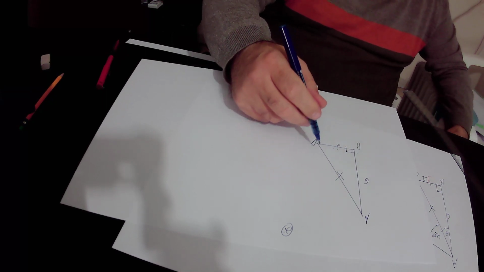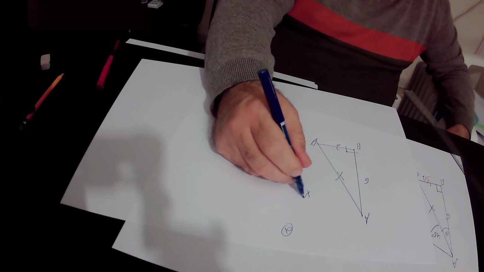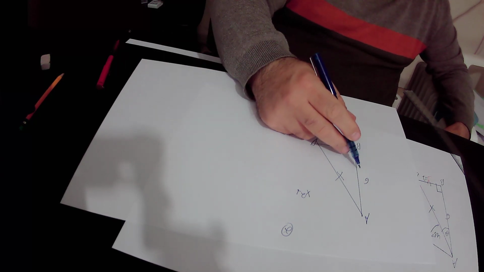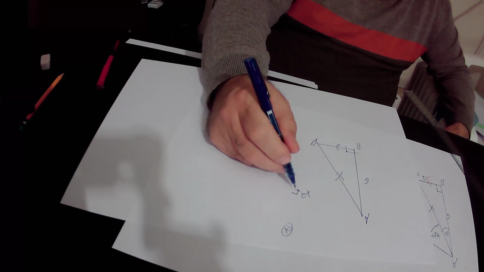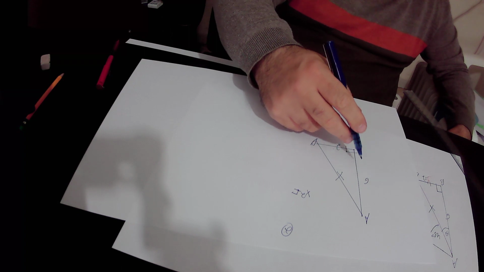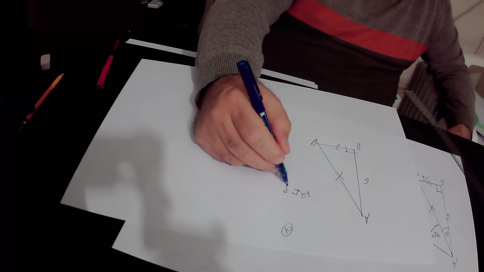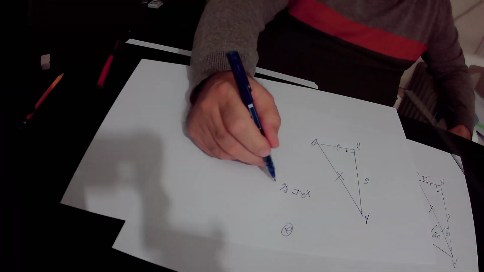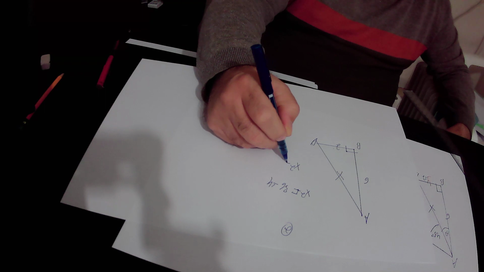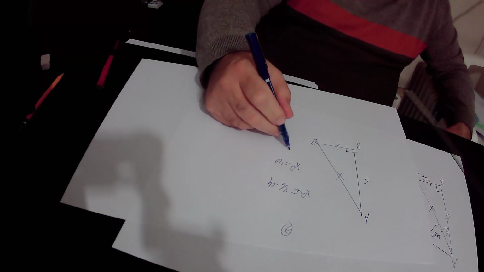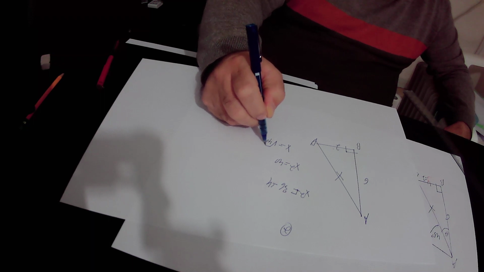The square of the hypotenuse equals the sum of the squares of the perpendiculars. So the square of the hypotenuse is x squared, and it is equal to the sum of the squares of the perpendiculars. That is to say, it equals 6 squared, that is 36, plus 2 squared, that is 4. So x squared equals 36 plus 4, that is 40. We take the root of this equation and we get that x equals the square root of 40.